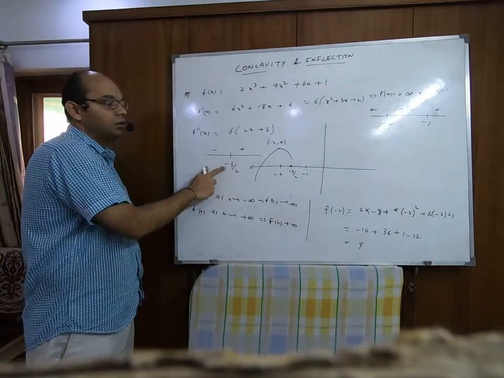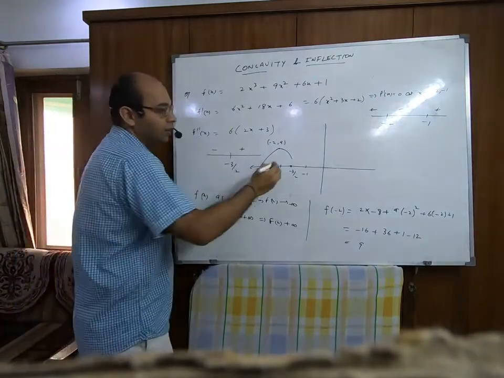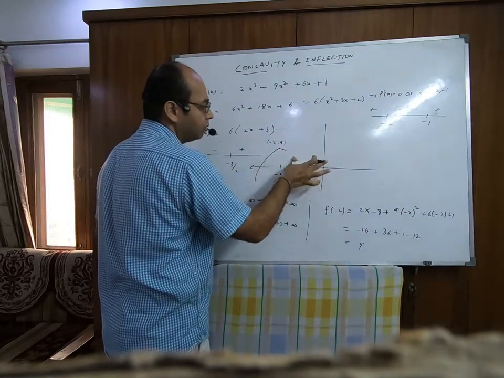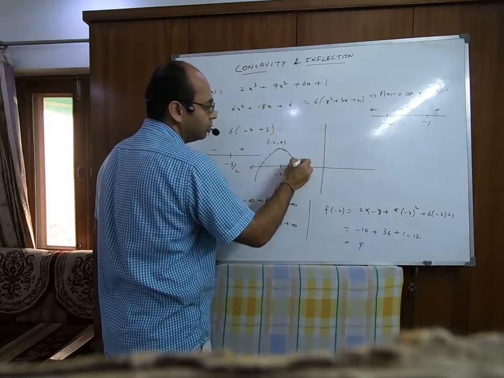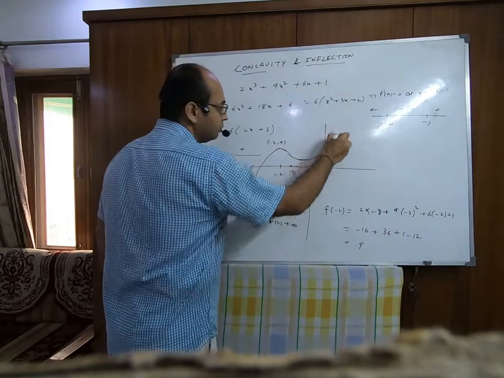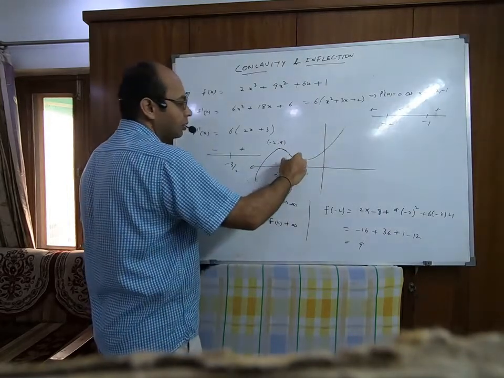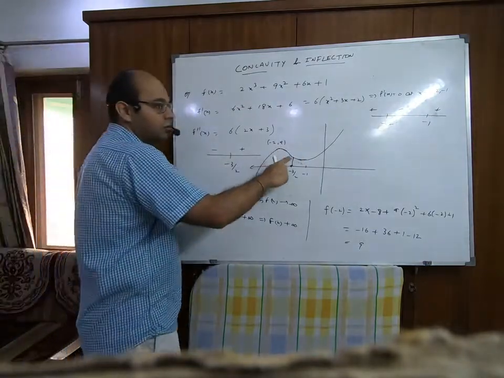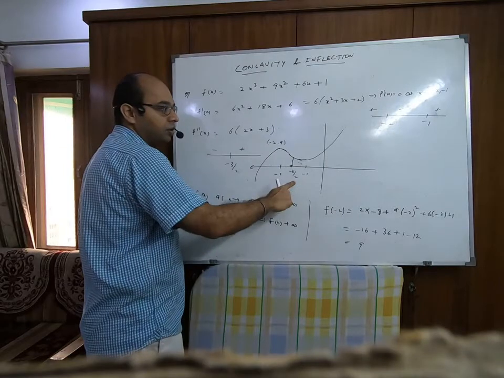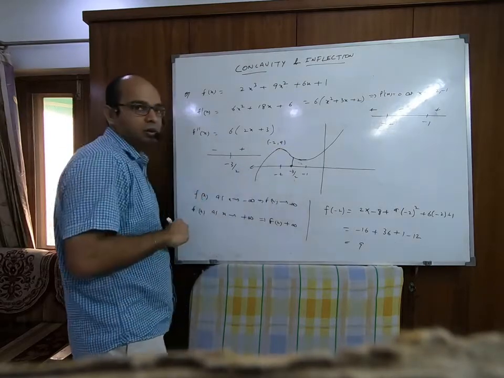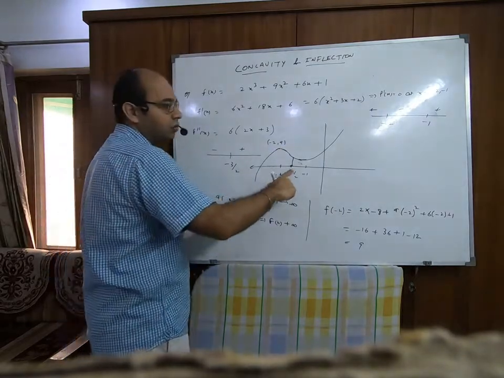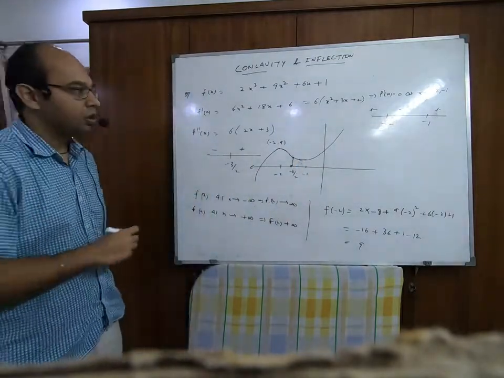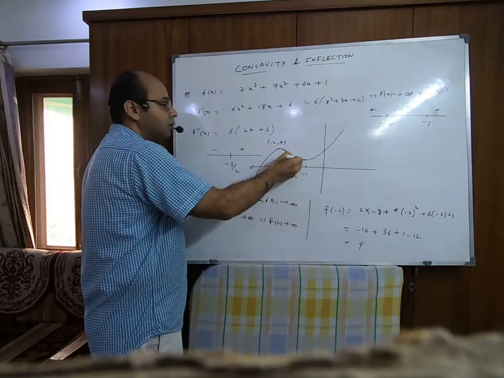Till -3/2 it will be concave down, and after -3/2 it will be concave up. So this portion from -infinity to -3/2 it is concave down, from -3/2 to infinity it is concave up. This is the point where concavity is changing.